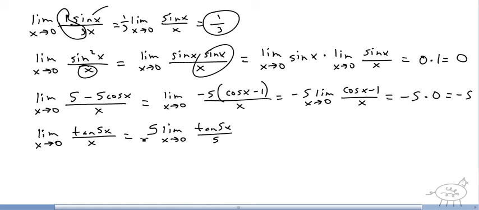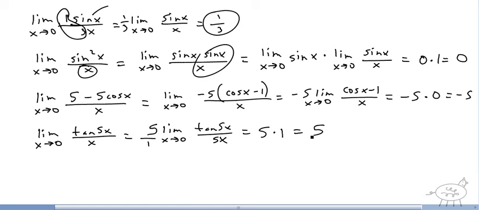Now remember, I didn't change the problem at all, because if I put that 5 back in there, 5 over 5 is 1, so I didn't change it at all. Okay, so I get 5 times tangent of 5x over 5x, which is equal to 1, so my answer is 5. All right, not bad.